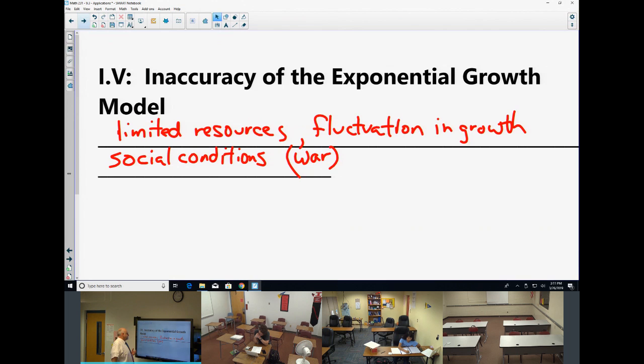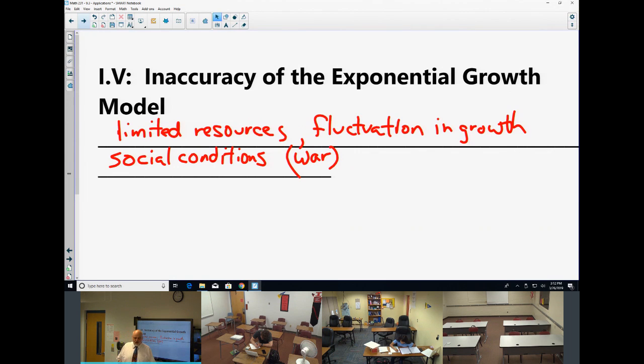Now, the problem with these exponential growth problems is that in the real world, different things happen. Earlier we did problems like population growth, but in real life, there are things like limited resources, fluctuation in growth, and social conditions like war and famine that affect these things.